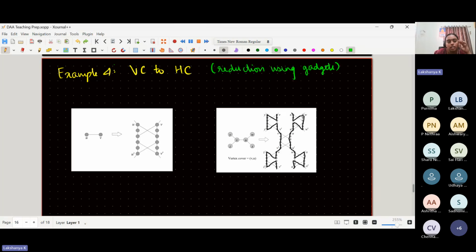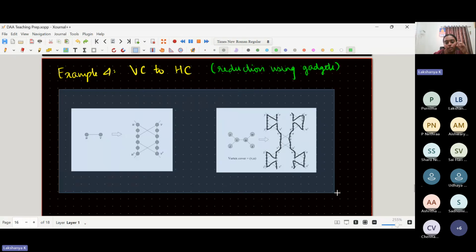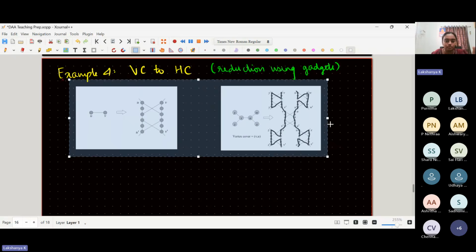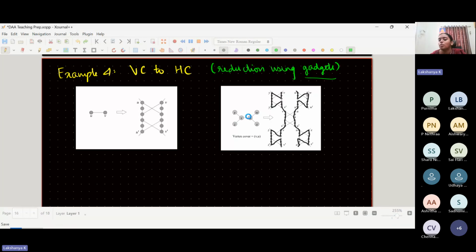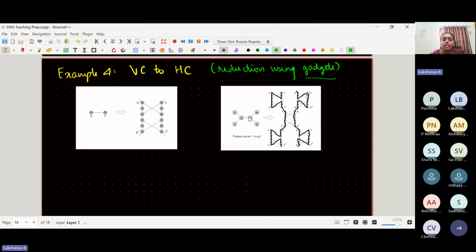The reduction we'll see here, you will have to create a new entity of your own. Such reductions are called gadgets. This was not taught during my time. For you guys, I saw it on the slides made by a faculty, which is the only reason I'm teaching this. I am 99% sure you will not get a gadget-based reduction question in the exam. That is an unseen question.